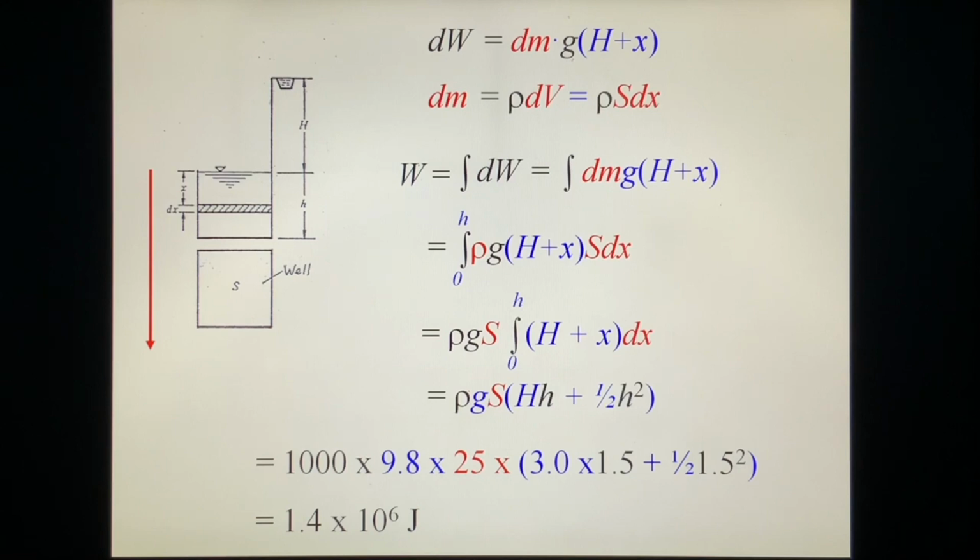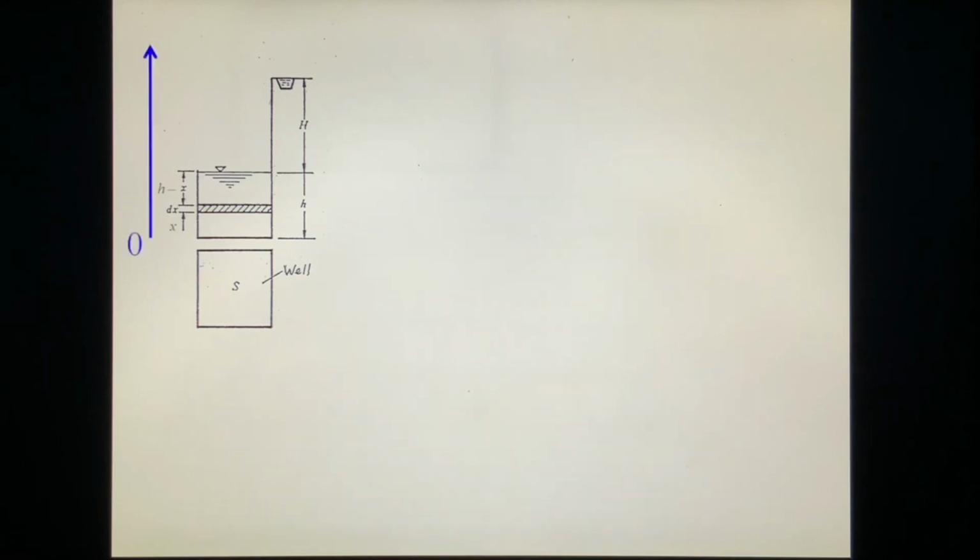We can do this one in a different way. We take a different reference. We take the reference origin at the bottom of the well, going up. So we will do it a little bit differently. You see this layer is located at x, and this is h minus x. So the height of this layer to the top is big H plus small h minus x.